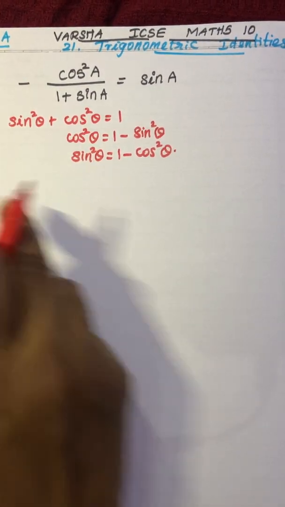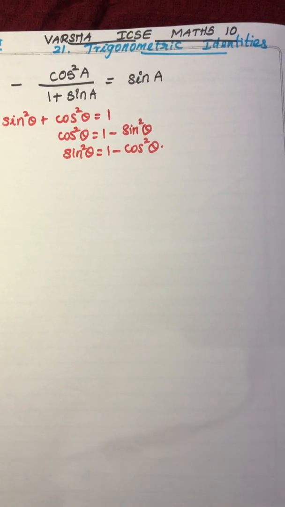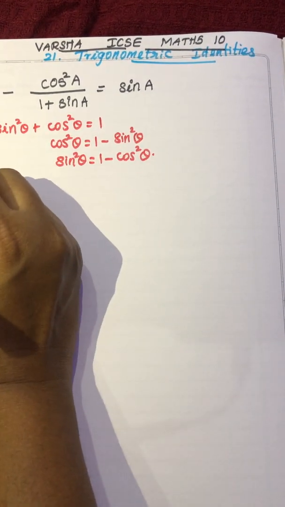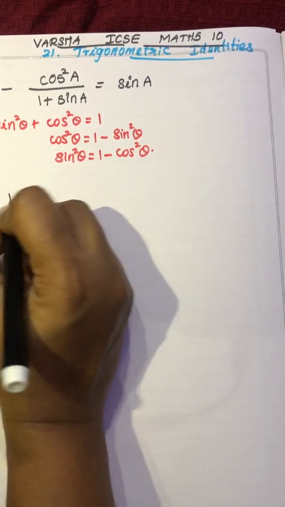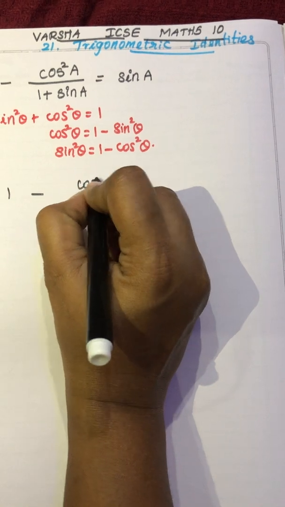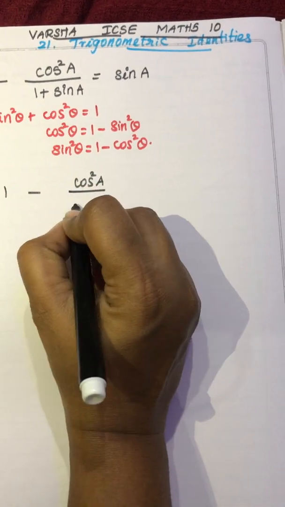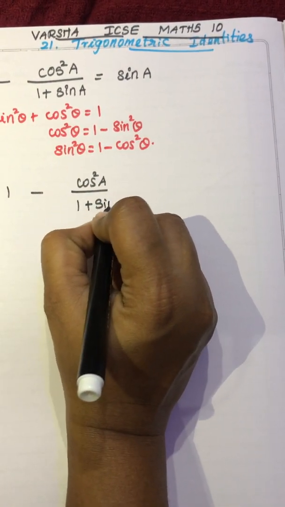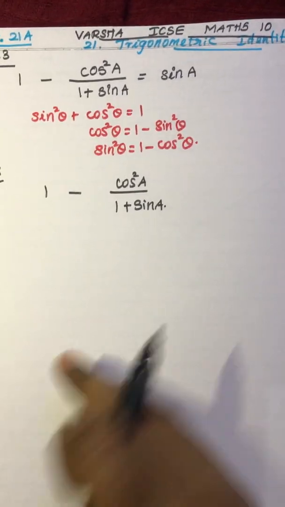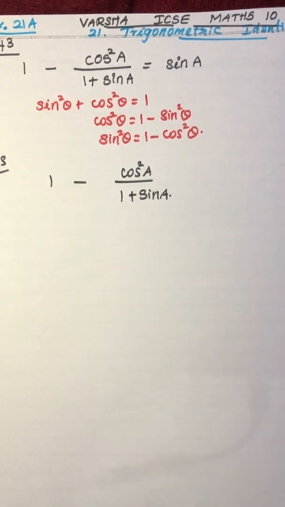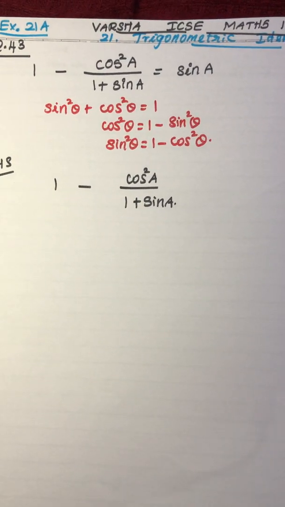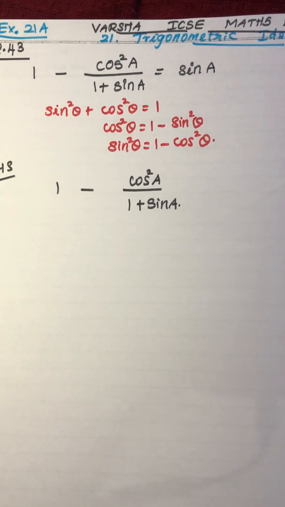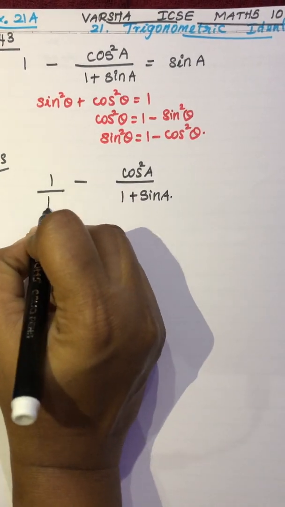Now take your LHS: 1 minus cos square A by 1 plus sin A. Here we have a minus sign. Whenever you have a minus sign or a plus sign, we can take the LCM. For that, this is 1.